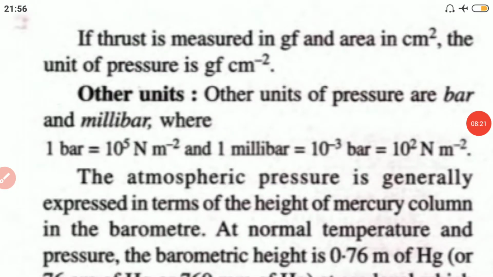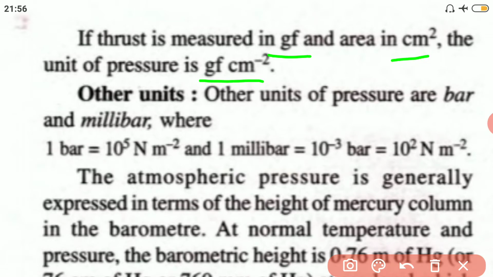Coming to the next page, if thrust is measured in gram force and area is in centimeter square, the unit of pressure will be gram force per centimeter square. Other units of pressure are bar and millibar. Please remember these units. 1 bar equals 10 to the power 5 Newton per meter square. 1 millibar equals 10 to the power minus 3 bar, which is equal to 10 to the power 2 Newton per meter square.